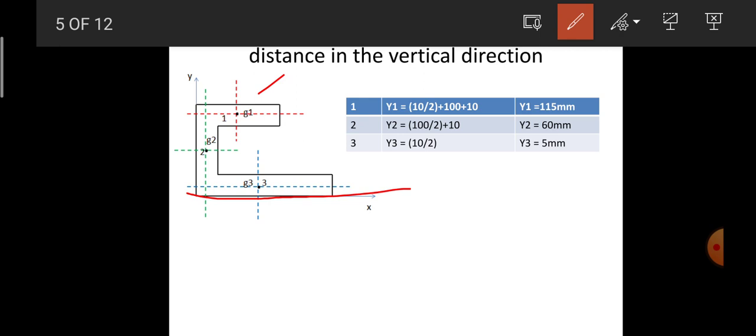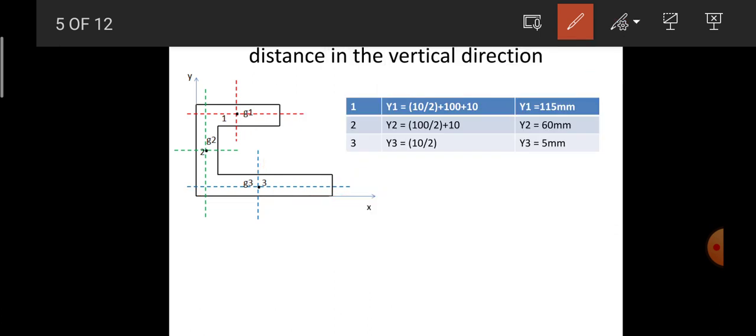It is the distance of this centroid with reference to the assumed axis in the horizontal direction. The overall depth of this rectangle is 10, so half of that is 10 by 2, and this distance is equal to 100, and the depth of the third rectangle is equal to 10. So it is 10 by 2 plus 100 plus 10, which comes to 115 mm.